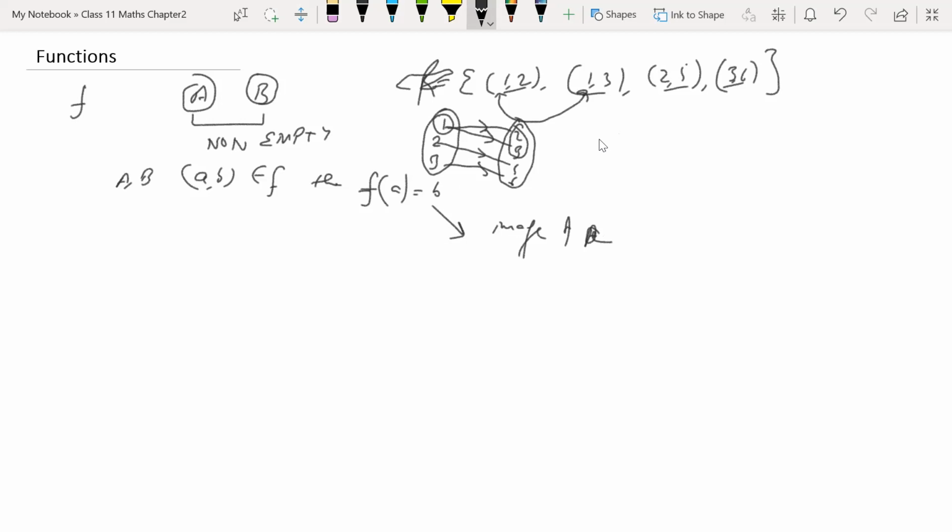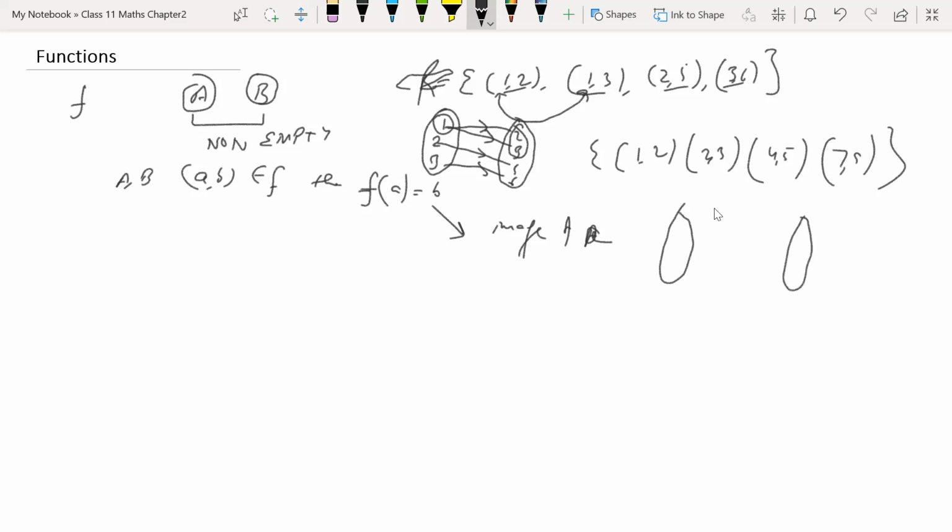Then the function would be, for example, 1→2, 2→3, 4→5, 7→9. This is a function because each element has one and only one image.